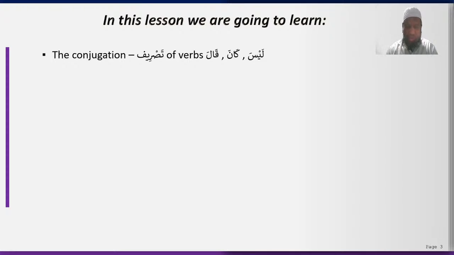We look at all the tenses, the past tense and the present tense, فعل ماضي and فعل المضارع, and we look at all the إعراب of فعل المضارع.